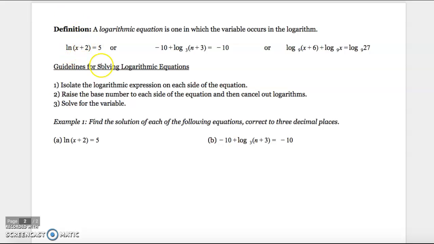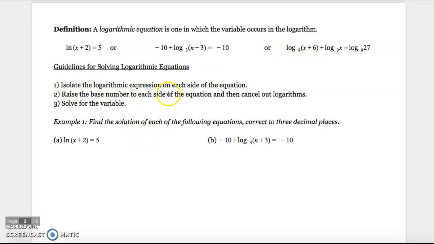It's just a logarithm. In this scenario, I would have to deal with the negative 10 being added to this log first, to get this logarithm by itself. And on this side, I would have to combine logarithms first, which is why we learned properties of logarithms before we tried to solve these.